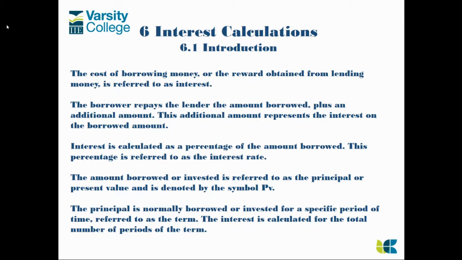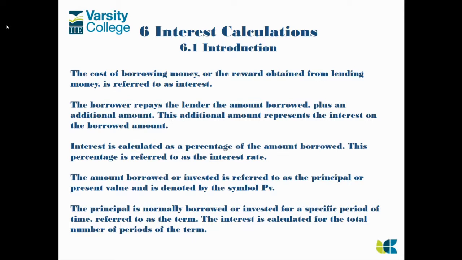Because you could be on either side of this transaction. You could be the one borrowing the money, or you could be the one lending the money. Does that make sense? So if you're the one giving out the money, your interest is your reward for having actually given the money. And if you're the one borrowing, then interest is the penalty or the price you pay for having actually borrowed the money.